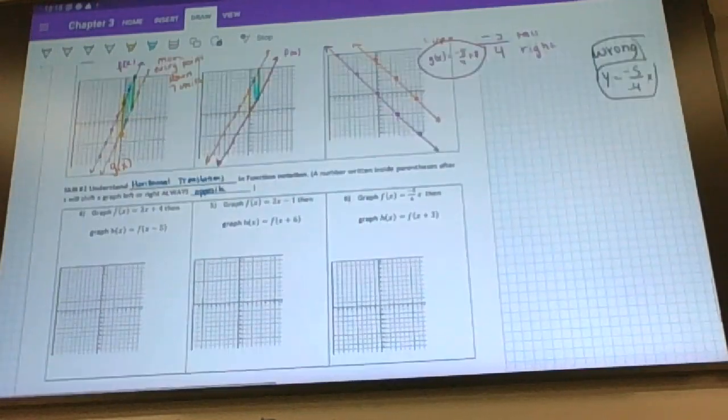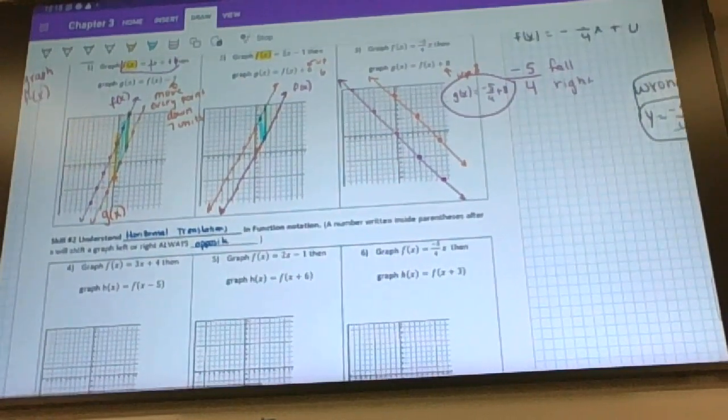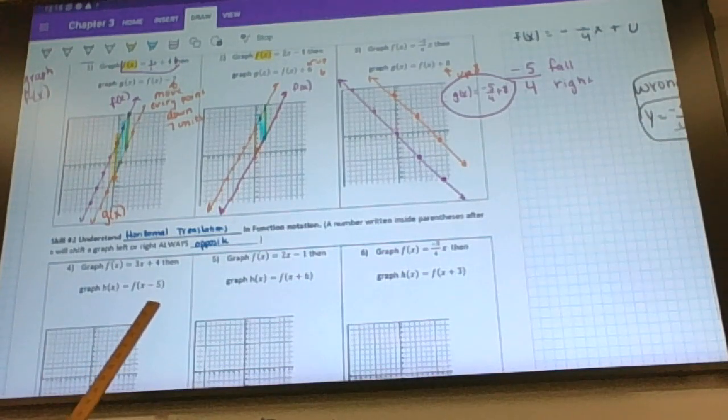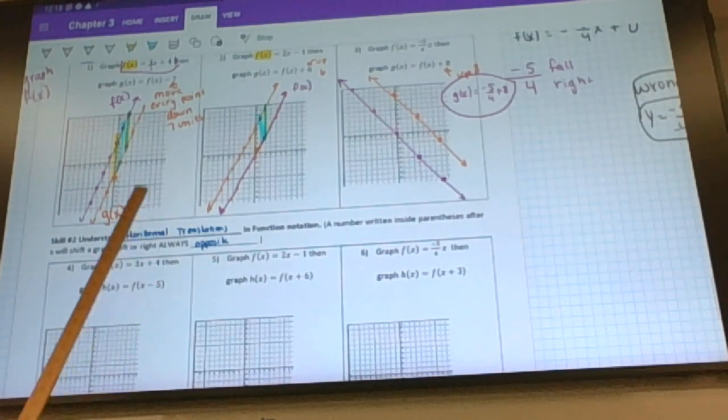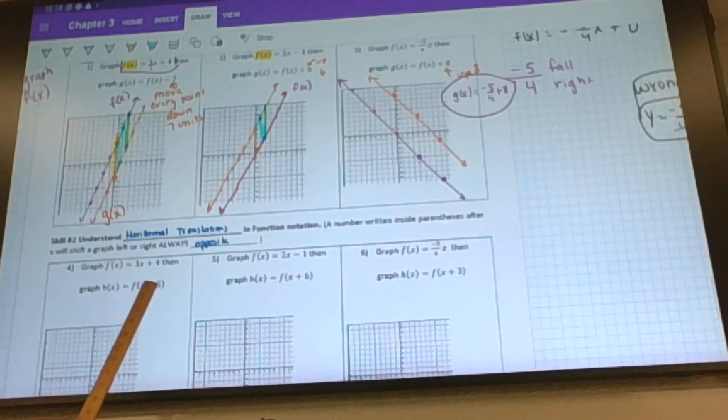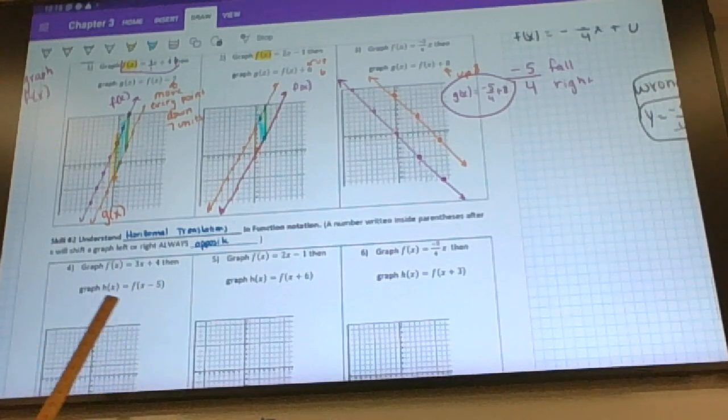You guys, can you see the difference between vertical and horizontal? How does it present differently? Look at the -5. Here, the number is not inside the parentheses, and here it is. If the number is inside the parentheses, you move your graph right or left.